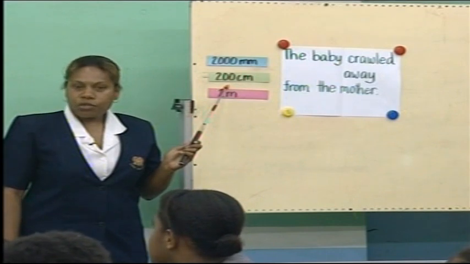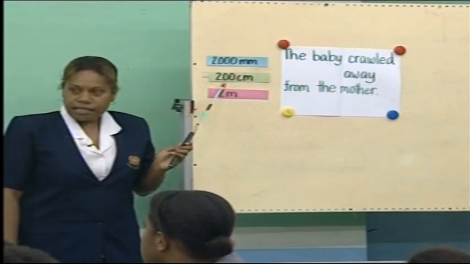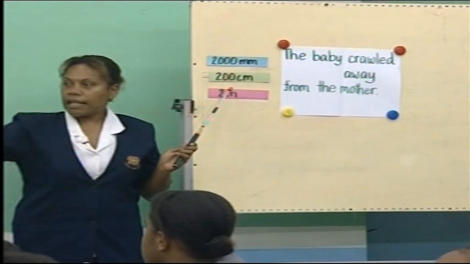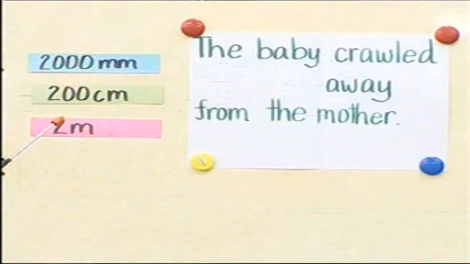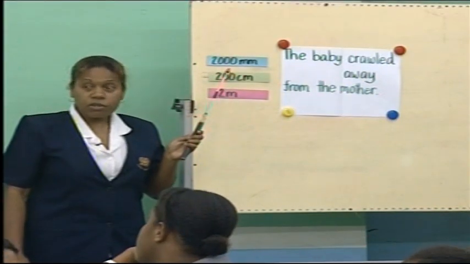Do you think this is also correct? Yes. Okay, 200 centimeters is also correct. This group here, group 4, you concentrating? Okay. 200 centimeters is also correct. What about 2,000 millimeters? Is this also correct?